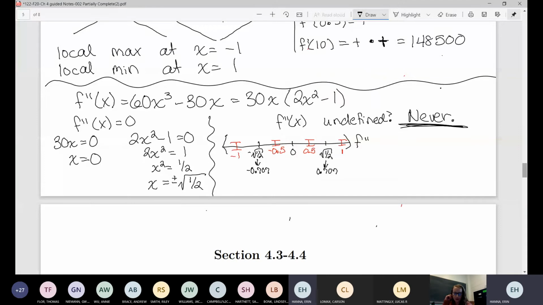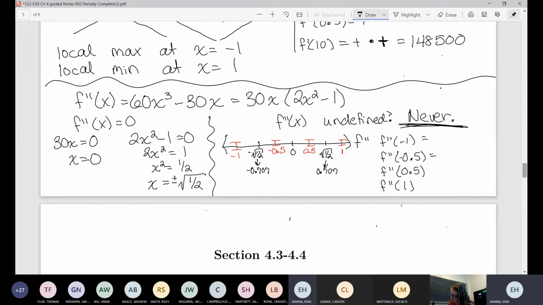And we've got to plug all of those into the second derivative. I'm running out of space, so I'm just going to write down the signs, whether it's positive or negative. And by that I mean I'm going to write less than 0 or greater than 0. Well, no, here's what I'll do.